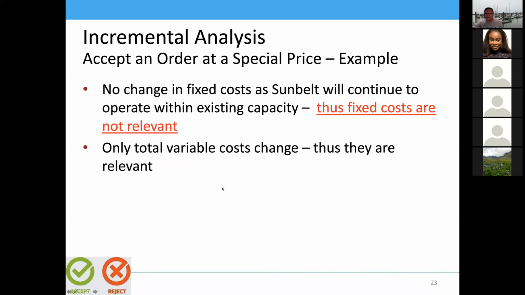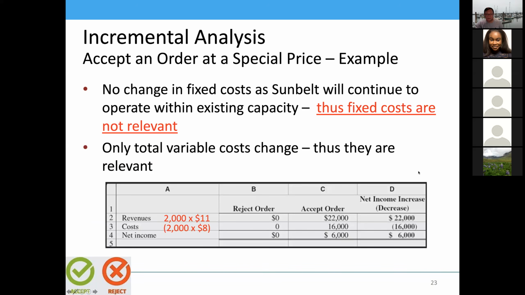Anyone else? I was going to ask a quick question. If we're going to gamble on our opportunity cost in the future, I know we're going to make $6,000 there, but if we believe maybe tomorrow we might get our normal order, are we allowed to gamble on our opportunity cost? So tomorrow, how many units in order? I don't know, maybe on average every day we usually get 2,000.